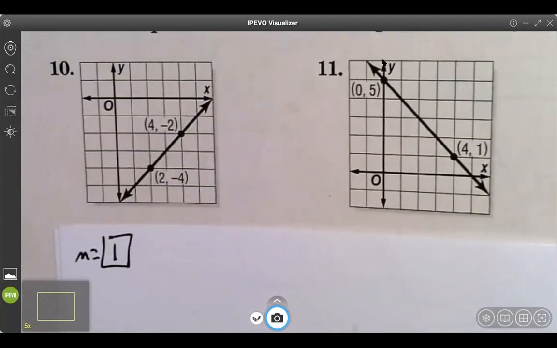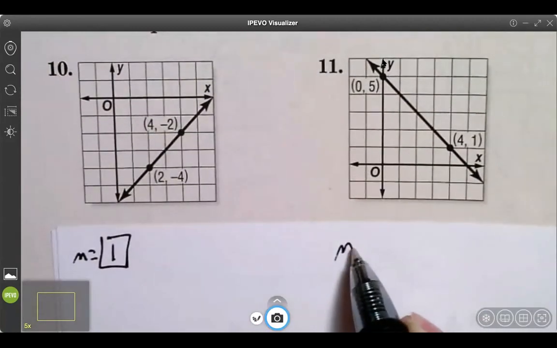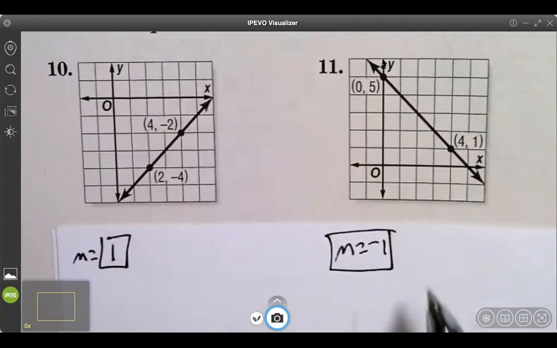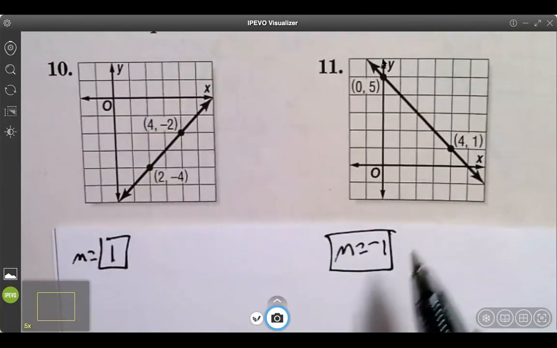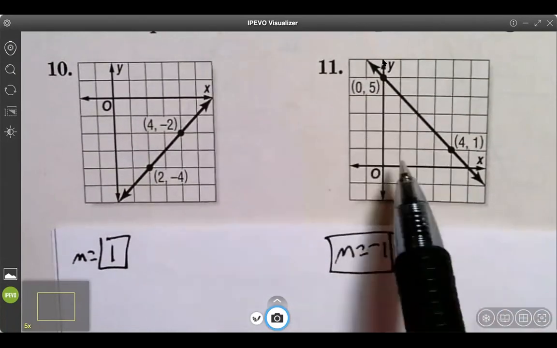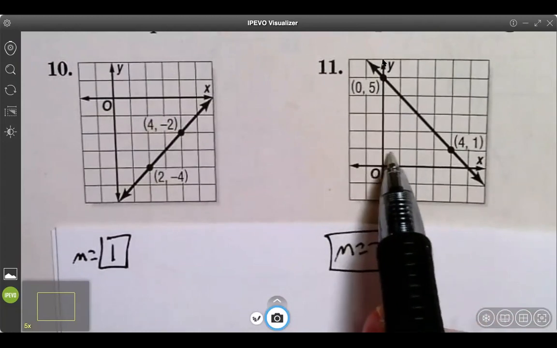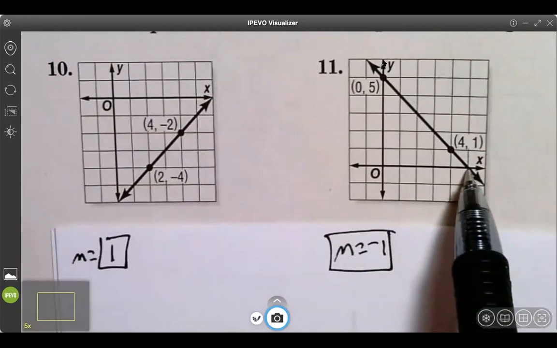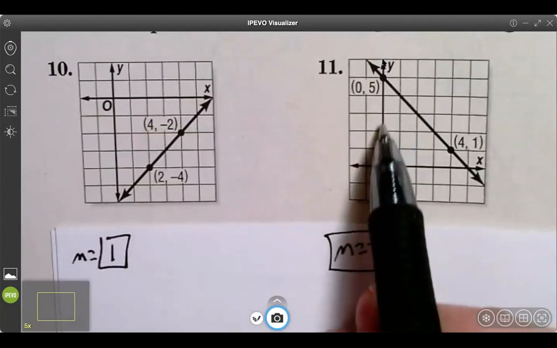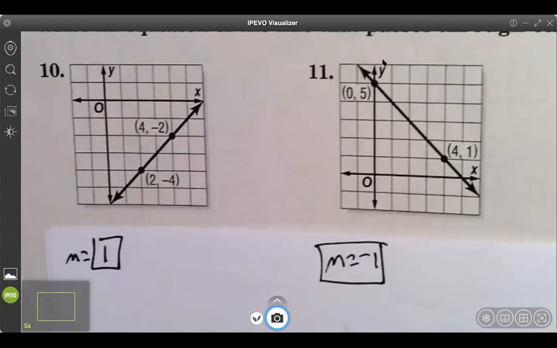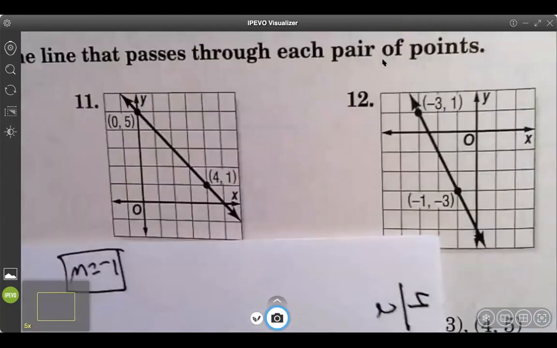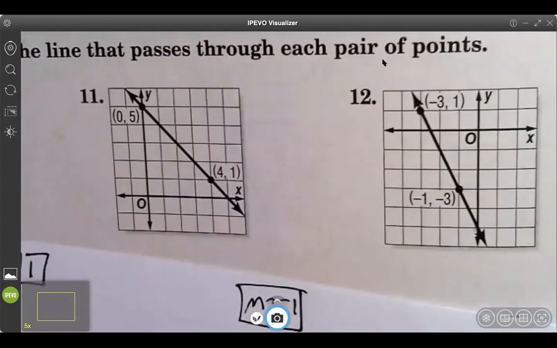Try number 11. On number 11, it goes through every single grid in a downward slope. So my slope is -1. If you had counted between the dots, rise -4, run 4. If you counted between the x-intercept here and the y-intercept here, rise -5, run 5. All of those simplify to -1. Try number 12.